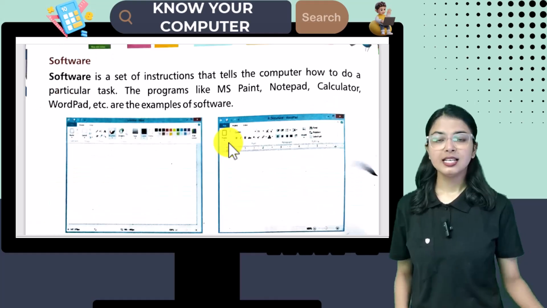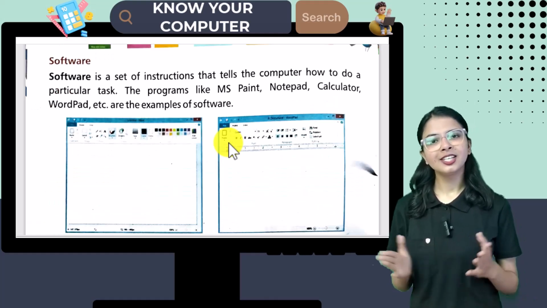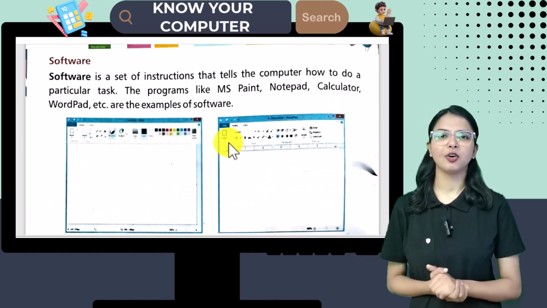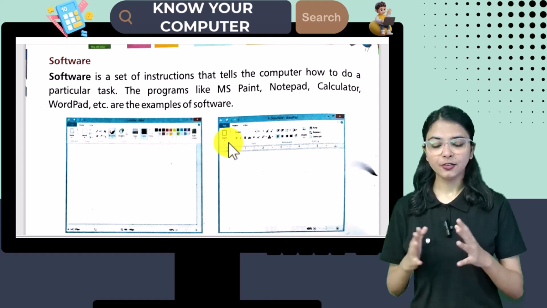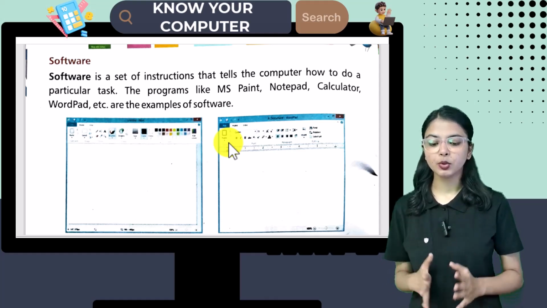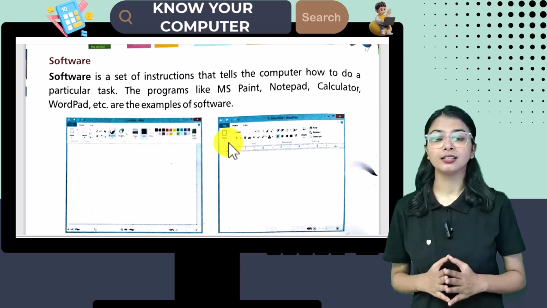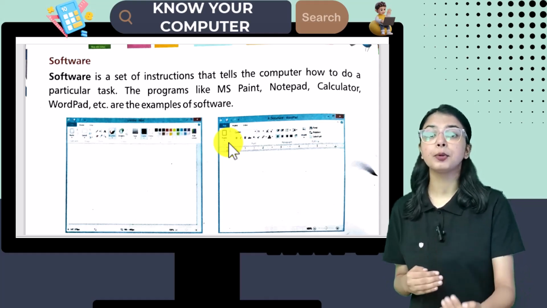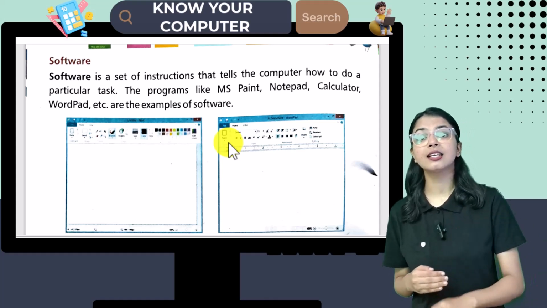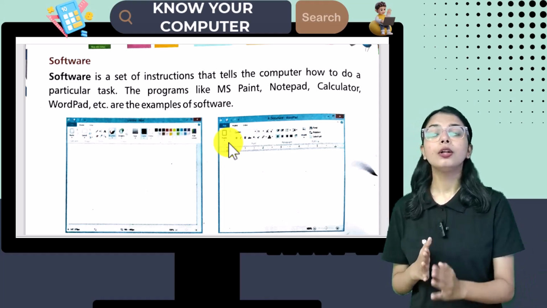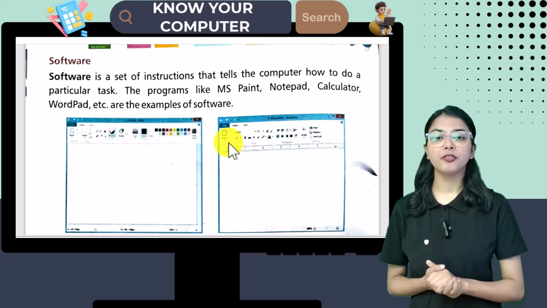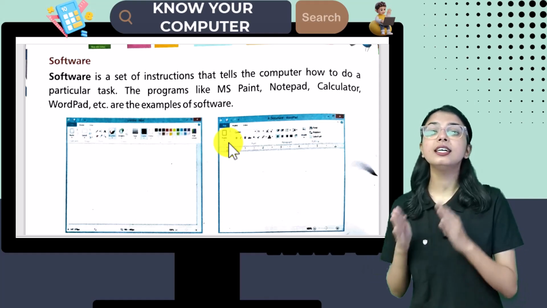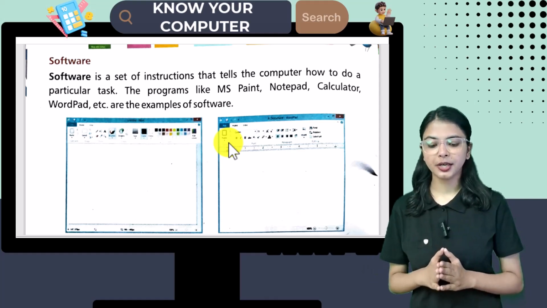Okay, students. Second part of the computer is software. So what is software? Software is a set of instructions that tells the computer how to do a particular task.